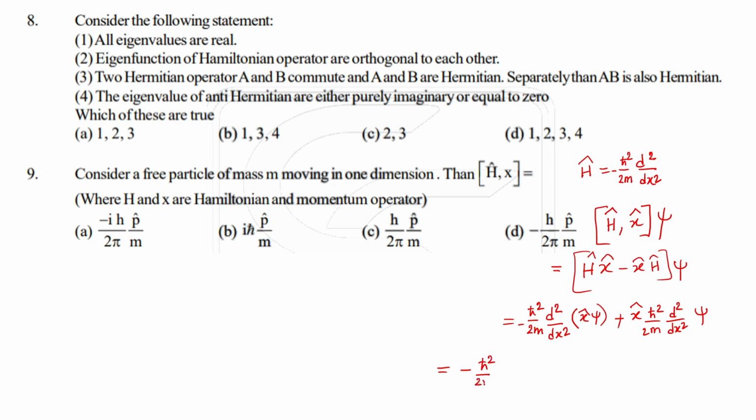Minus h cut square by 2m, d by dx will remain. Let us take the derivative one time. First we take the derivative of x, that is 1 into psi, that is psi, plus x into d psi by dx, and plus x h cut square by 2m d2 by dx square psi.